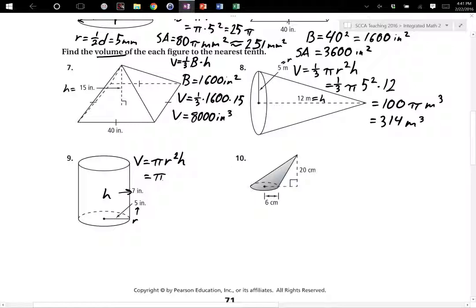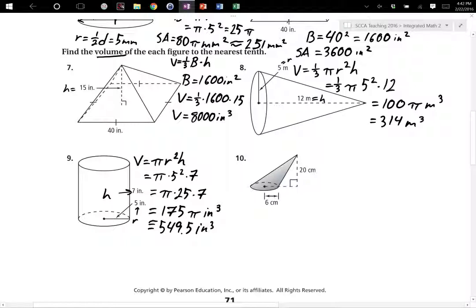I have pi times 5 squared times 7. I get pi times 25 times 7, which is 175 pi inches cubed. And that's approximately 549.5 inches cubed.